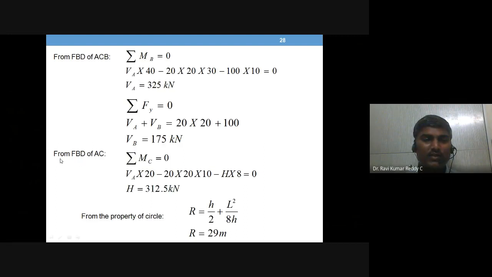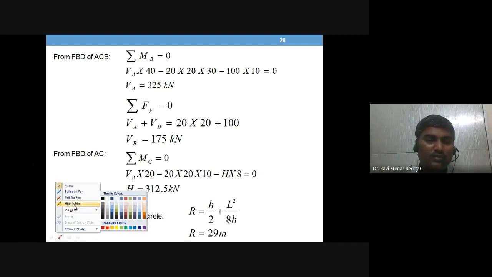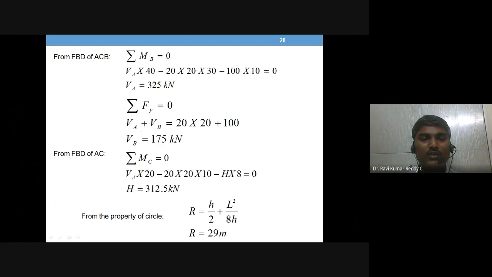Then we take the free body diagram of half of the arch, to the left or right of the crown, and apply one more equation: the sum of moments of the chosen portion about the crown is equal to 0. That gives the reaction H. So this is where we are now. We have found the VA value, the VB value, and the H value.